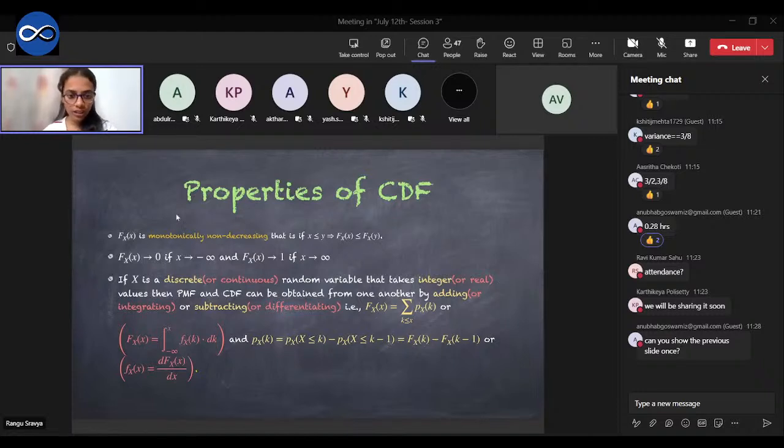Just addition, integration, subtraction, differentiation. That's the only difference. So F_X(x) is by definition the integral from minus infinity to x of f_X(k) dk. And again, by differentiation, dF_X(x) by dx, we can find the PDF. For discrete, you need to add and subtract. For continuous, you need to integrate and differentiate. That's it.